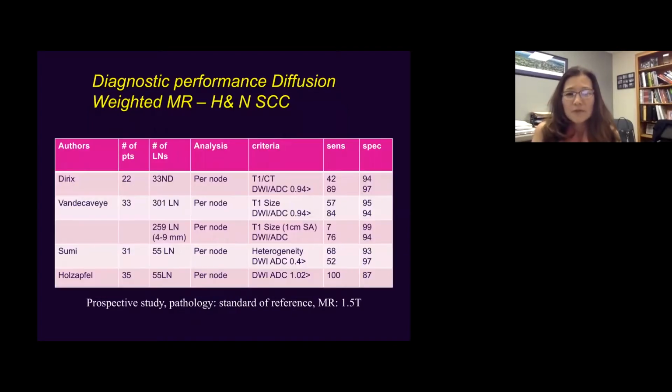There are multiple publications out there, again showing very good diagnostic performance compared to standard size-based per node analysis. Sensitivity and specificity are about 90%. So again, there's a tremendous opportunity for us to do better.